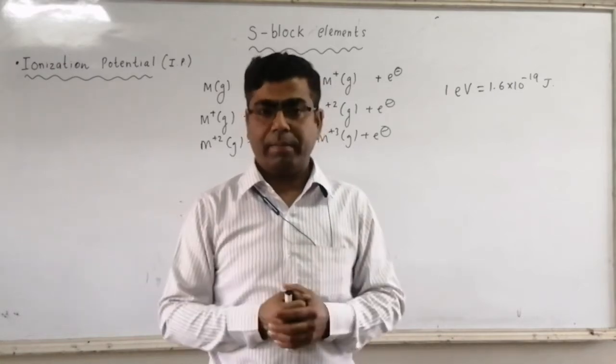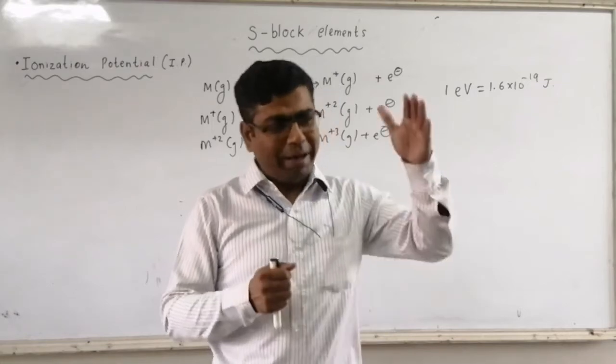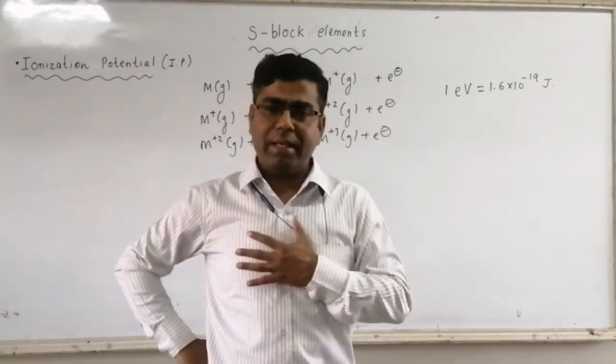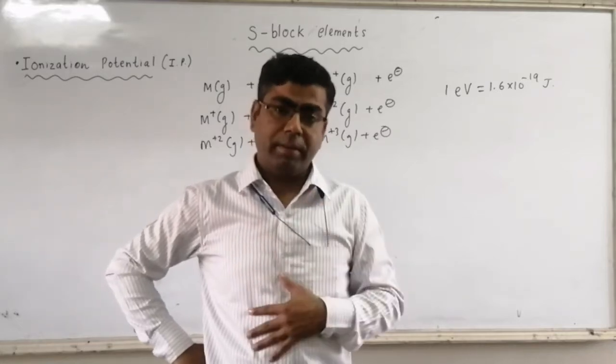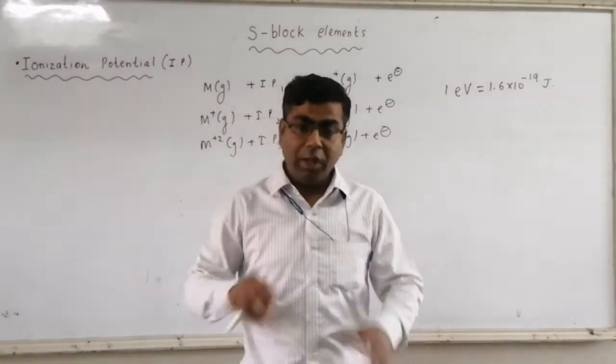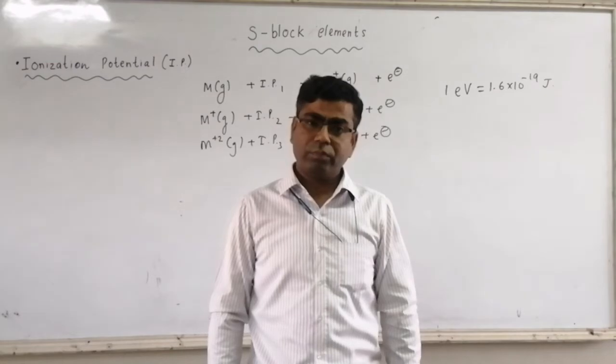So when energy is supplied, the electron is removed. If the valence shell is closer to the nucleus, if the atomic size of the atom is small, then the valence shell will be close to the nucleus. There will be more force of attraction on the valence shell electron.